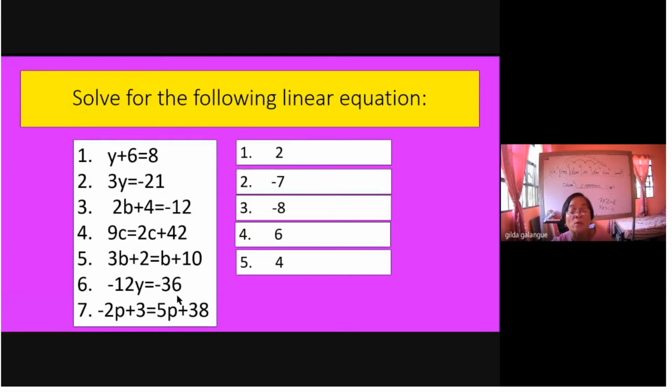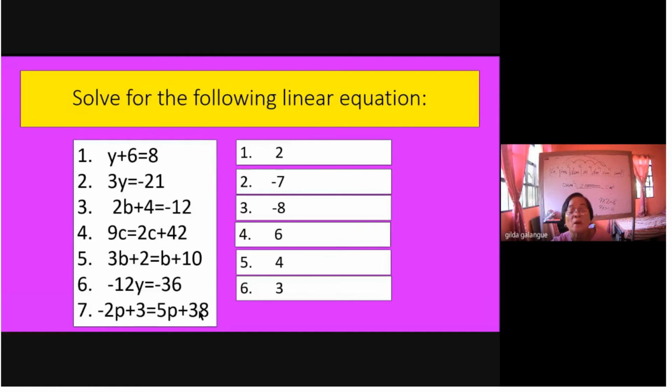Now we will divide negative 12 on both sides of the equation. Negative 12y divided by negative 12 is y. Negative 36 divided by negative 12 is positive 3. Now we are in the last number. So this will become 7p and this will become 35.